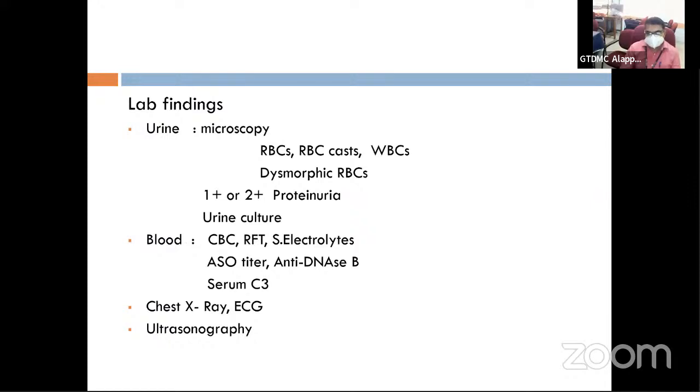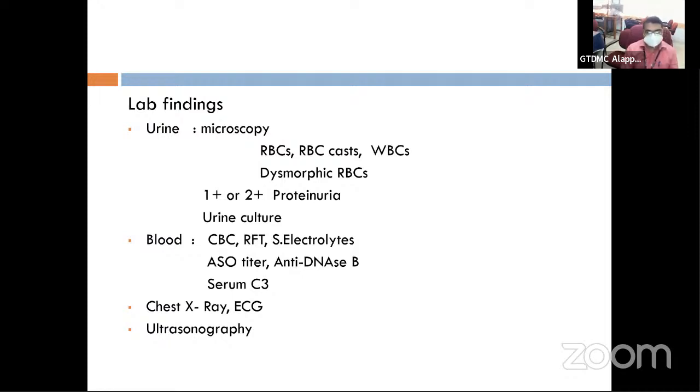Then about the investigations, lab findings in PSGN, post-streptococcal glomerulonephritis. First, you have to examine the urine. Urine microscopy: you look for RBCs, RBC casts and WBCs. These are characteristic of glomerulonephritis. RBCs indicate glomerular inflammation.